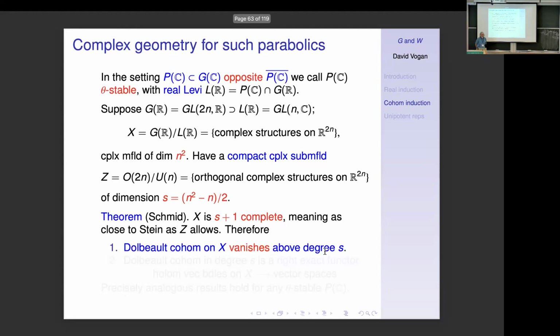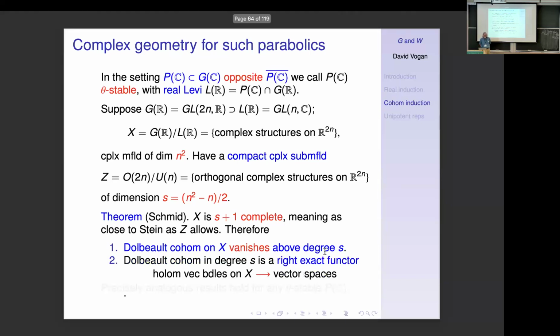So there are vanishing theorems. On a Stein manifold, Dolbeault cohomology vanishes in positive degrees. On an S plus 1 complete manifold, Dolbeault cohomology vanishes above degree S. So Dolbeault cohomology in degree S is a right exact functor going from holomorphic vector bundles on X to vector spaces.